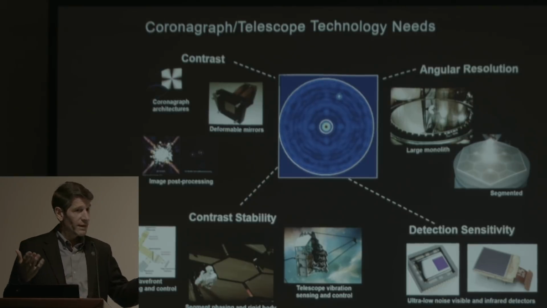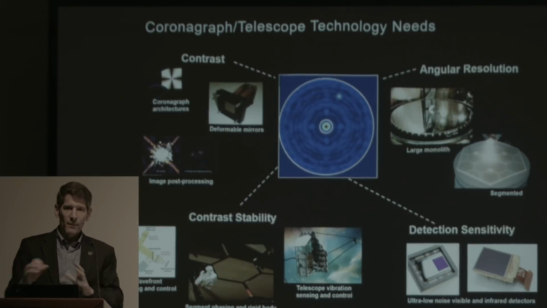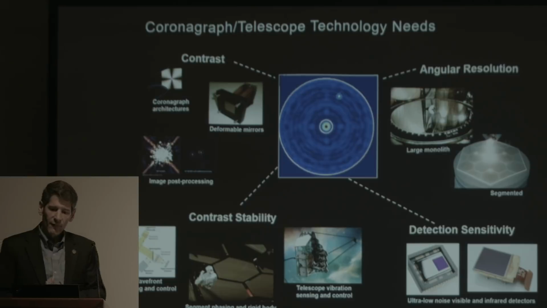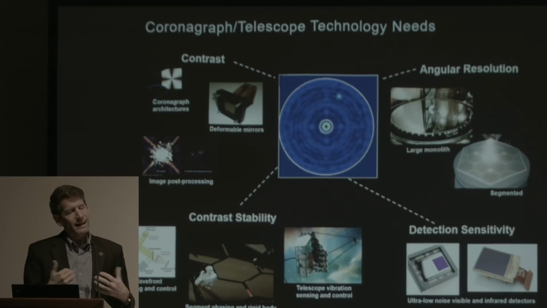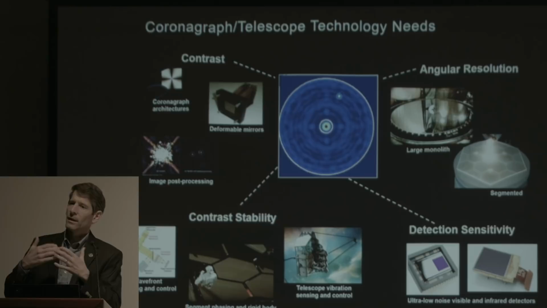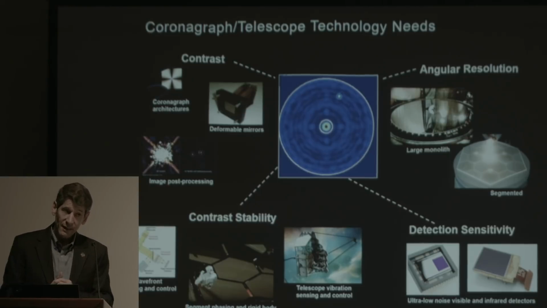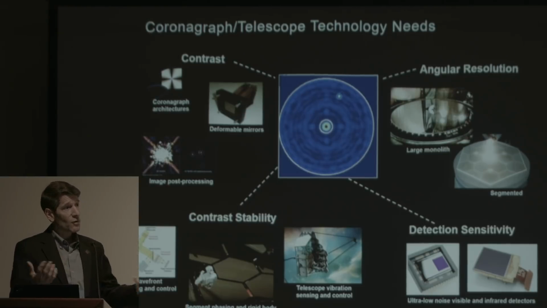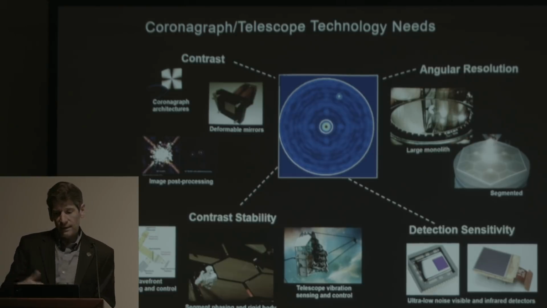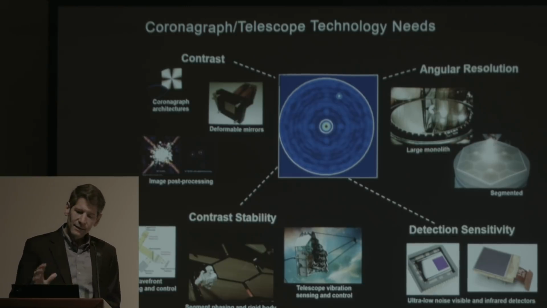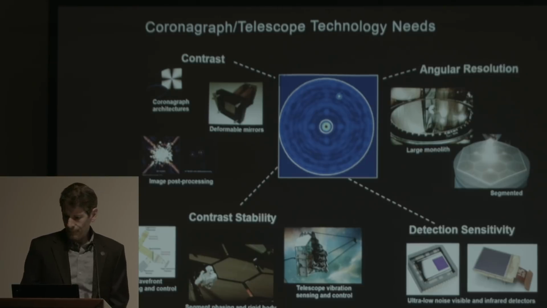Those of you that are familiar with this know that all the edges produce artifacts off your mirror that you have to deal with. So there are techniques for modulating the light as it comes in, controlling the phase of the light that enters your telescope, removing the non-uniformities or the non-planarity of those signals. So you see in the lower left and lower right, technologies that are being advanced to do that.